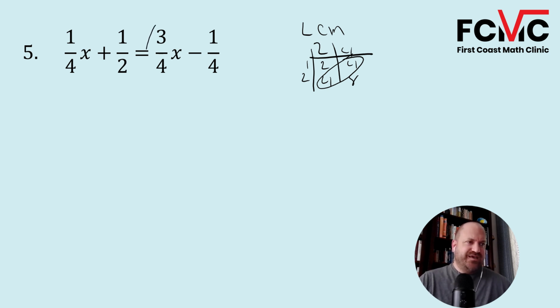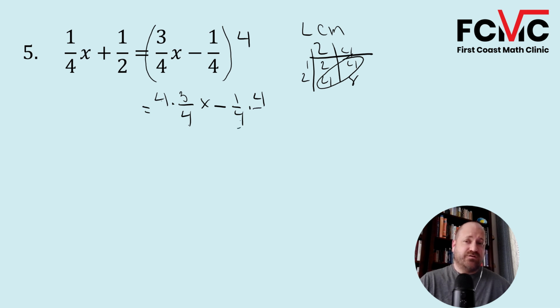Well, what happens if I take this right side and multiply it by 4? Right, so I've got 4 times 3 over 4x minus 1/4 times 4. Well, what's going to happen with 4 and 4 and 4 in the numerator here and 4?